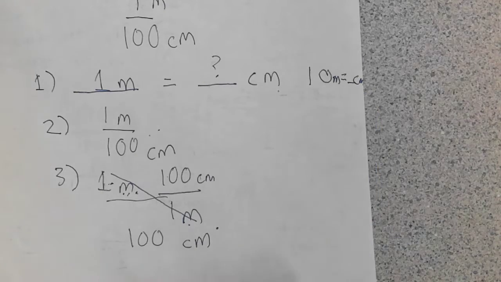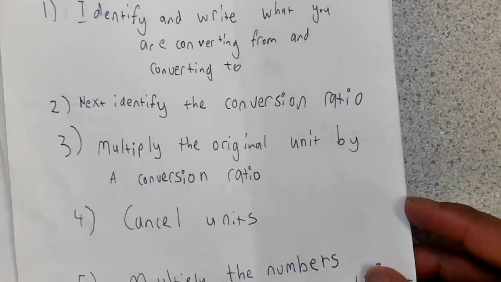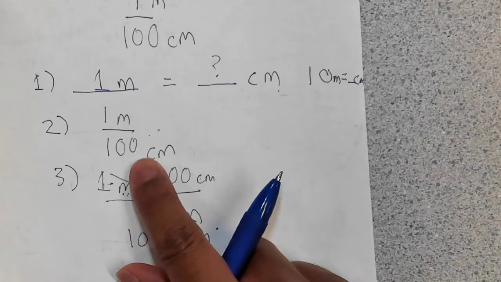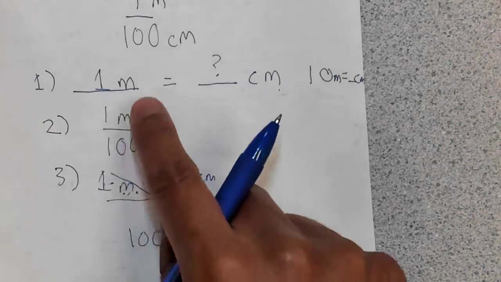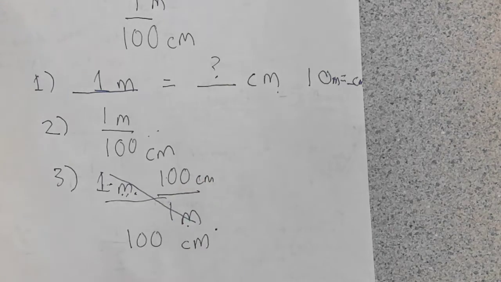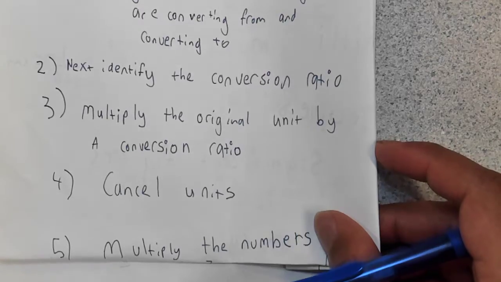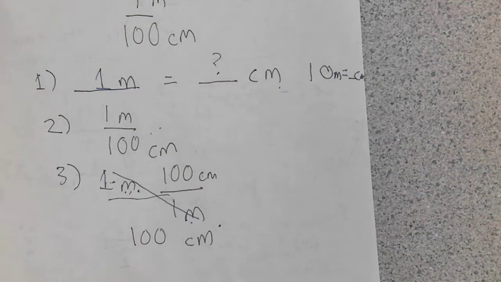Step number 2, identify the conversion ratio. We already have it right here. It's 1 meter over 100 centimeters. It doesn't matter the order of how you write this, as we just showed in the last problem.